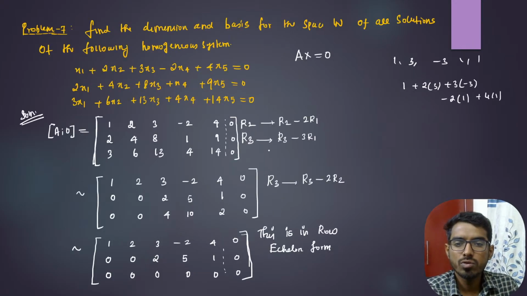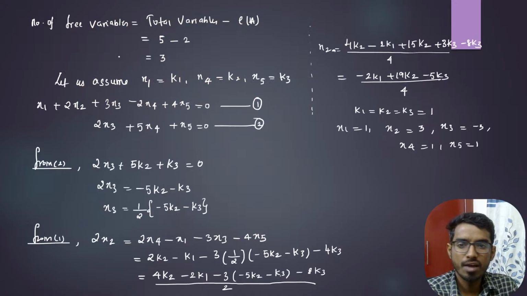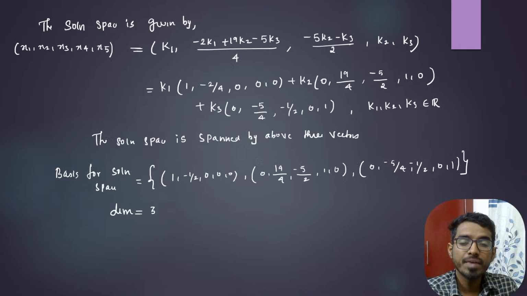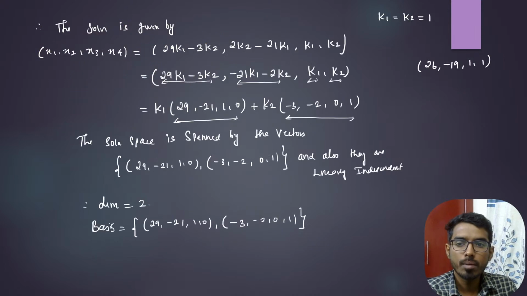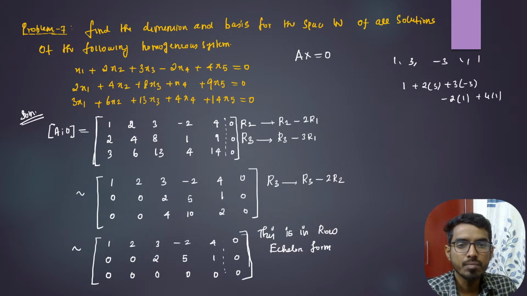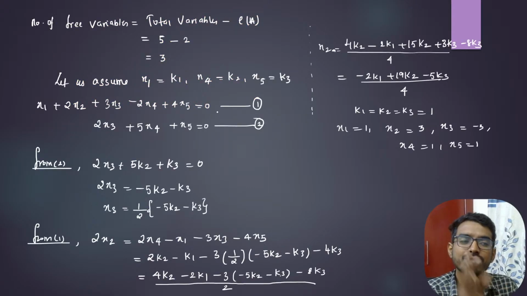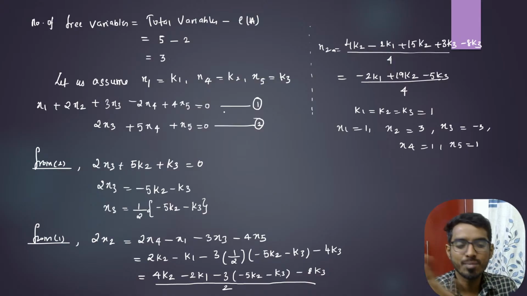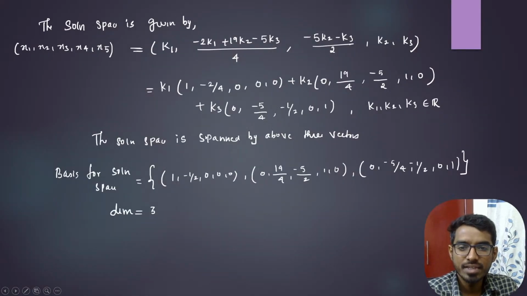See, already we know the dimension is 3, because the number of free variables gives you the dimension of the solution space. That means the basis will have 3 elements, and those should be found by this method. These two problems are based on finding the dimension and basis for the solution space, right? Very simple. This is the same as solving the homogeneous system. Only thing is you need to add these steps.